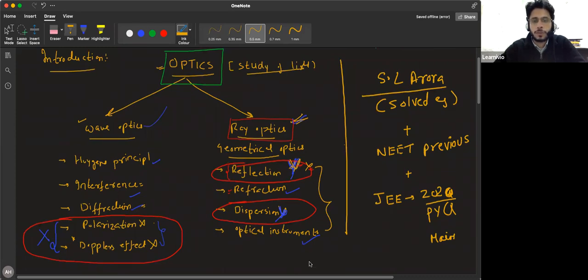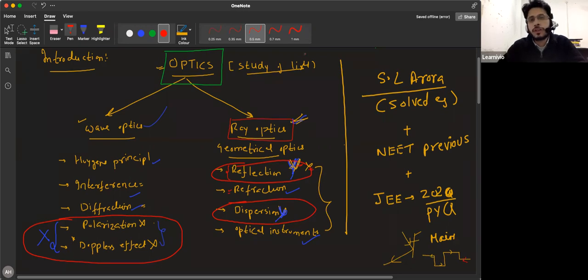Excuse me, sir. Yes, Arpit. So the principle of reversibility is basically reflection, right? Not reflection. This principle of reversibility simply means if you reverse the path of light at any point, then it will retrace its path. In reflection, light may not retrace its path. If light rays come like this, they go this way. It's not retracing its path. Principle of reversibility means if light is going in this direction, at some point you reverse the direction.